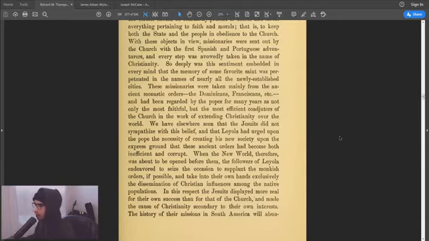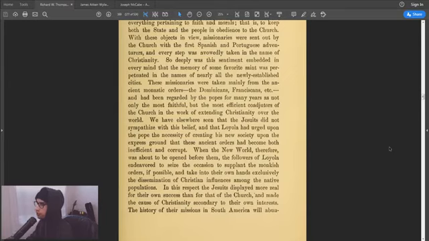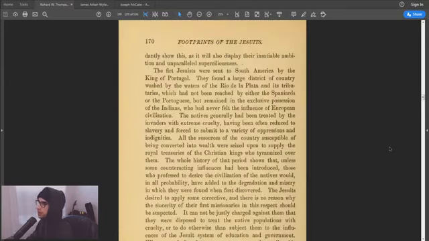In this respect, the Jesuits displayed more zeal for their own success than for that of the church, and made the cause of Catholicism secondary to their own interests. The history of their missions in South America will abundantly show this, as it will also display their insatiable ambition and unparalleled superciliousness.